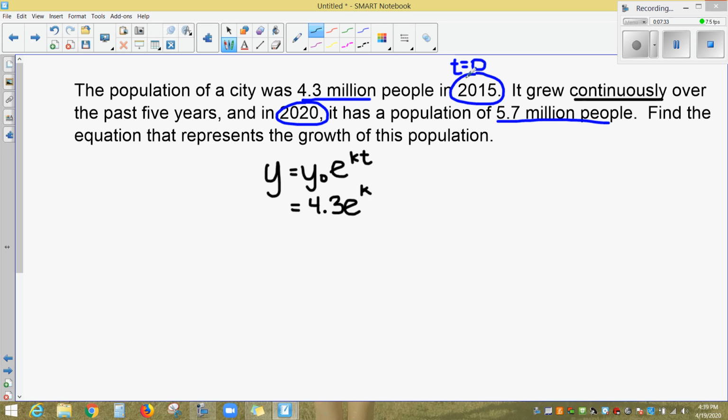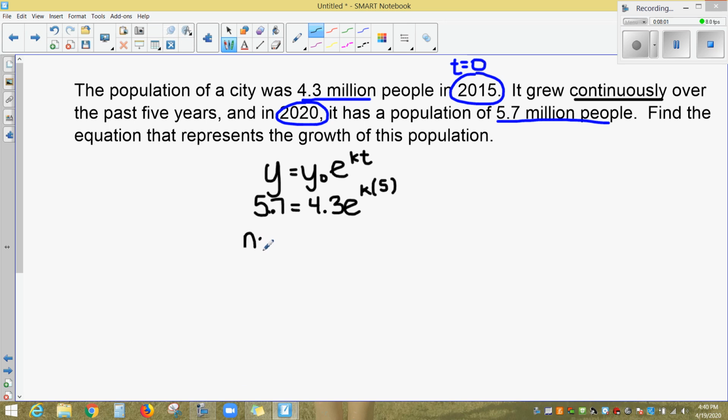If t equals 0 is 2015, that means the year 2020 would be t equals what? If t equals 0 is 2015, then t equals 1 would be 2016, and 2 would be 2017, and so on. So 5 would be 2020. And we know the output population after those 5 years.